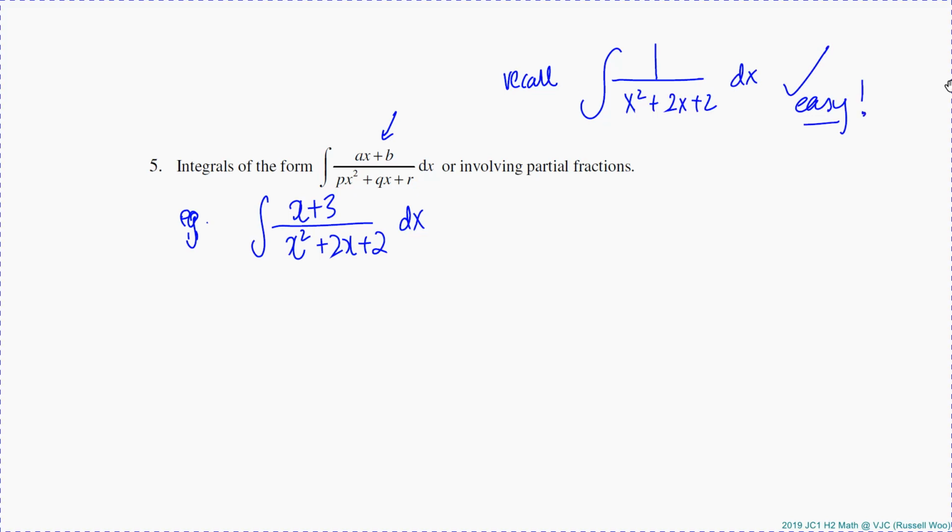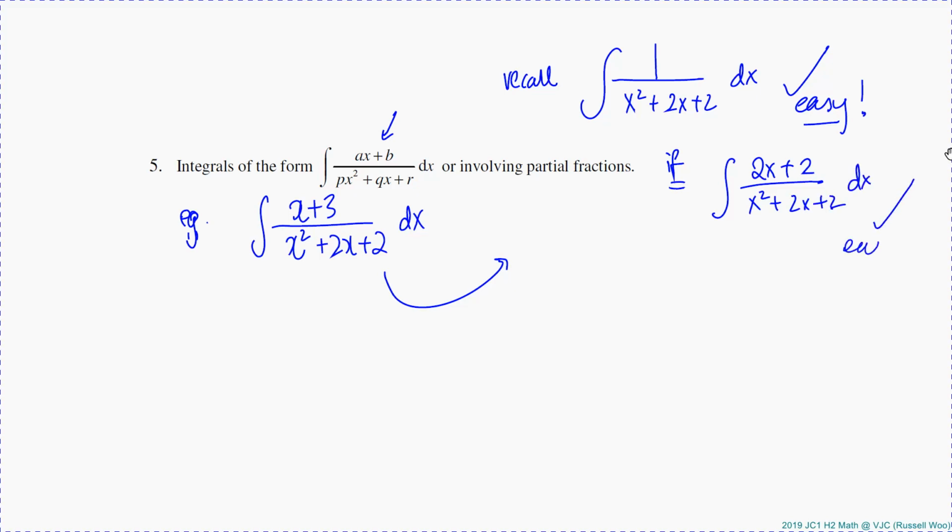You can rewind the video and realize that this is. But this is not 1, this is a linear. Can we break it up? But when we break it up, we must be very conscious. How are we breaking it up? Now, do you agree with me that if you ask me to integrate this one, this is also easy.